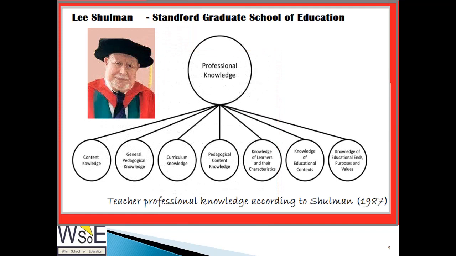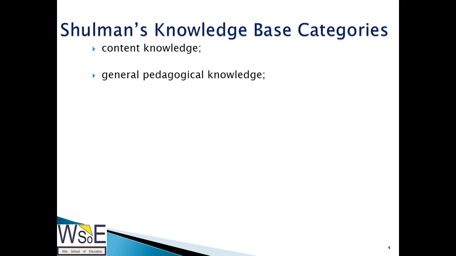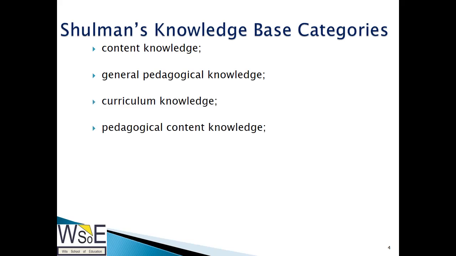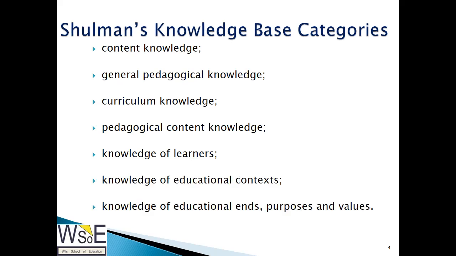Now, there is just a kind of diagrammatical representation of Shulman's knowledge bases. So all of those knowledge bases are what teachers need for their professional knowledge. Now, these, just again, Shulman's knowledge bases: content knowledge, general pedagogical knowledge, curriculum knowledge, pedagogical content knowledge, knowledge of your learners and their characteristics, knowledge of educational contexts, knowledge of educational ends, purposes, and values.